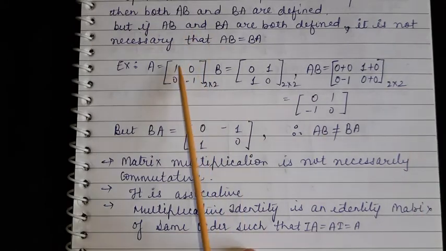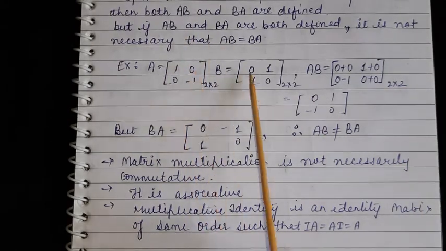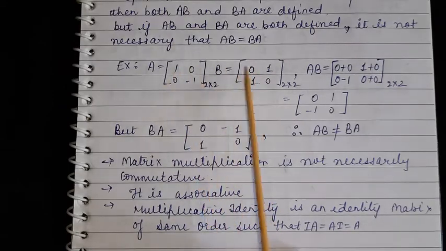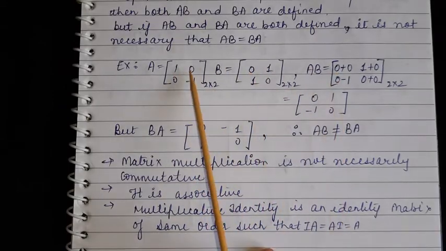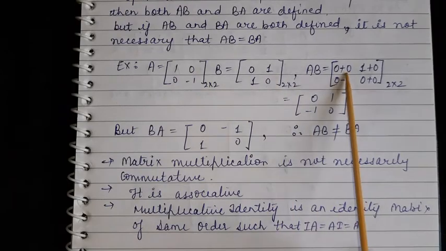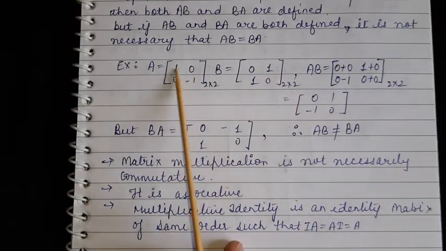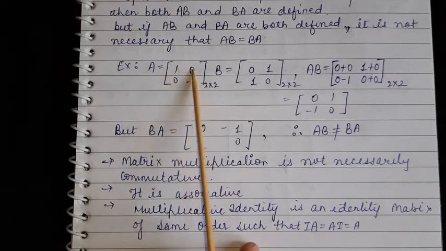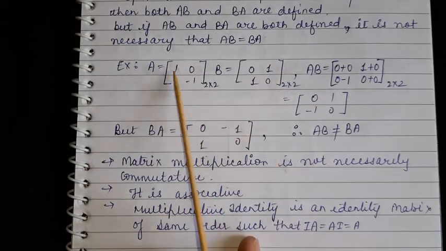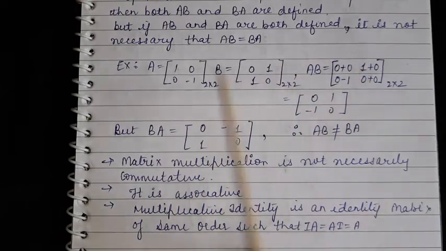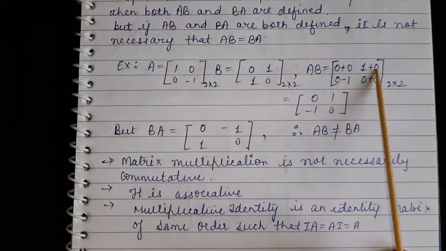For our first element, we will multiply the first row with the first column. So 1 into 0 is 0, plus 0 into 1 is 0. Now in the same way, the second element is A12, which means first row and second column. So 1 into 1 is 1, plus 0 into 0 is 0.